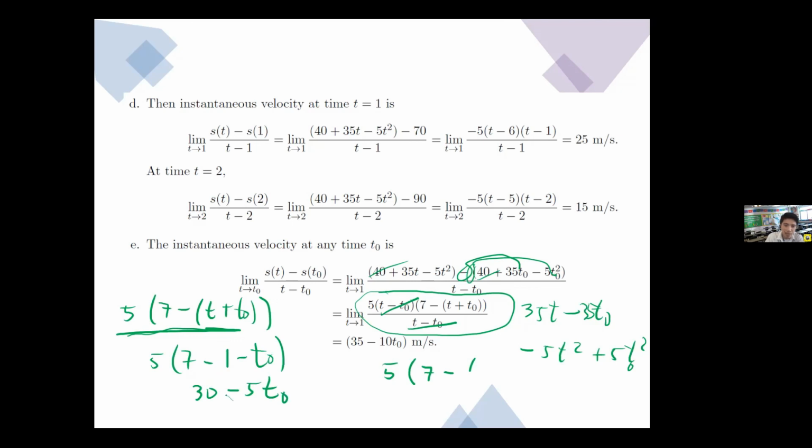Okay, 7 minus 1 is 6 man. Tapos 6 times 5 mao ng 30. Tapos distribute si 5 dito. So there's something wrong sa ilang answer.